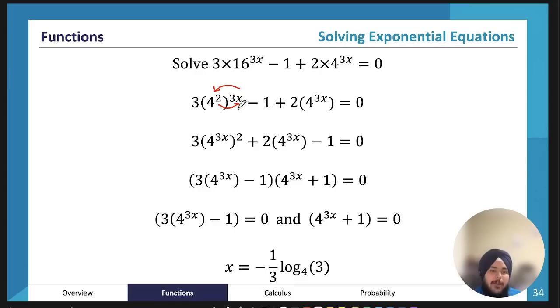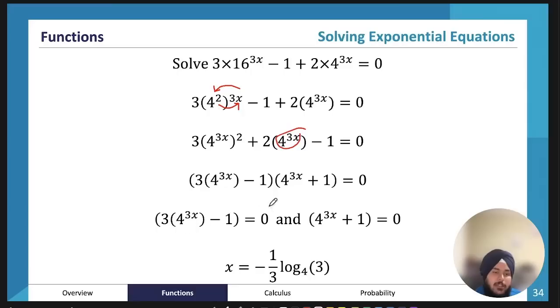So essentially what we've established here is a quadratic expression. So you can use similar properties as a quadratic function. So if you're confused with the 4 to the power of 3x, you can let this entire thing equal a, and then you can solve it as a normal quadratic expression. So this will factorize to 4 to the power of 3x minus 1, 4 to the power of 3x plus 1 equals 0.